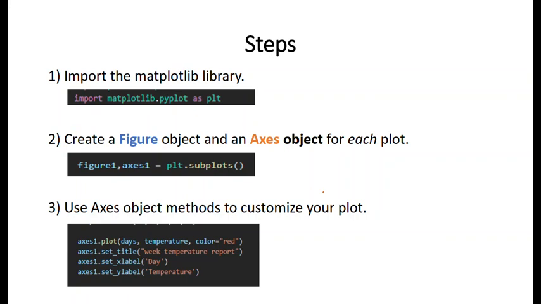The second step is to create the parent objects we have talked about, which are the figure object, inside which we will place the multiple axes objects, and the axis object, which basically represents each plot we create.